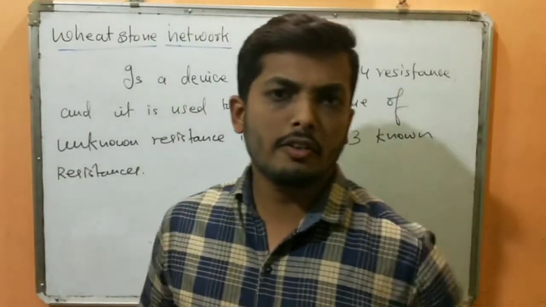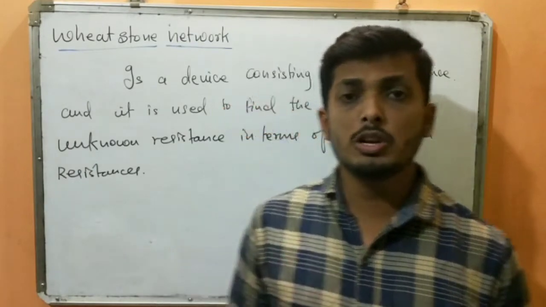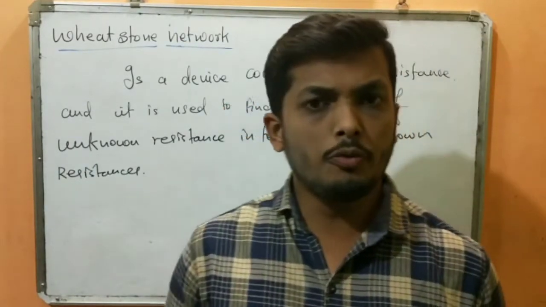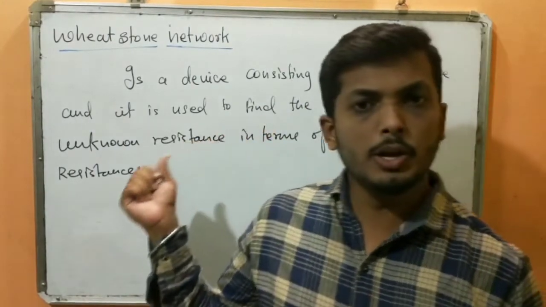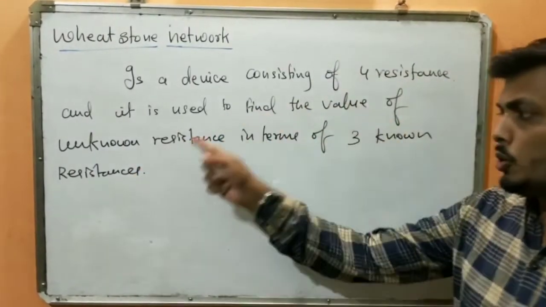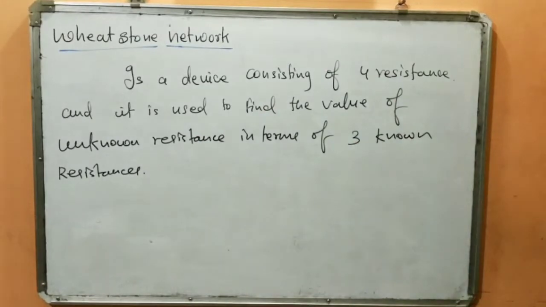It's an electrical device consisting of 4 resistances, out of which we know the values of 3, and it will help me find the value of the unknown resistance in terms of the 3 resistances.